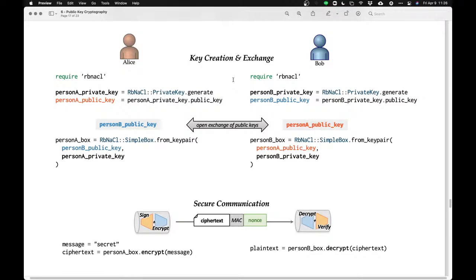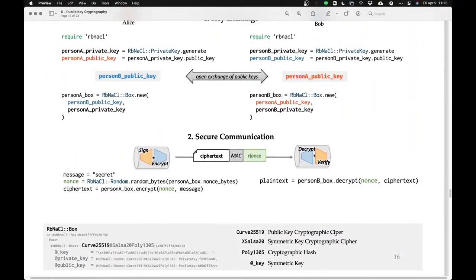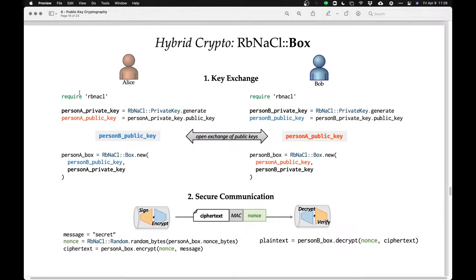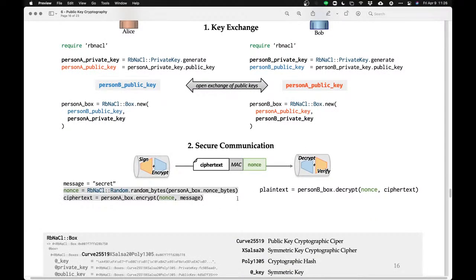When would you have to ever create the nonce yourself? Because remember, even Bob, the person receiving it, doesn't need the nonce because the nonce comes with the message. It's just that Alice has to make the nonce. If we have simple box, why do we need secret box or box?